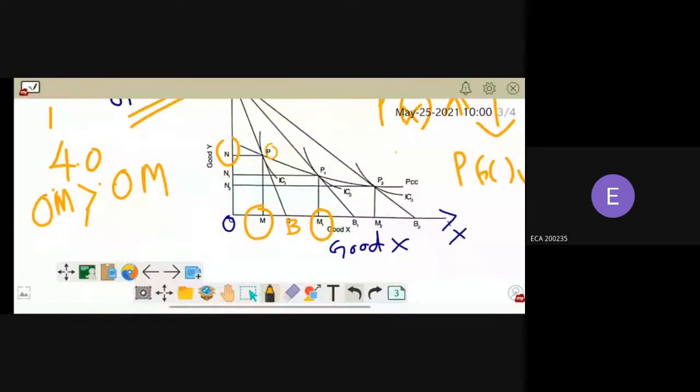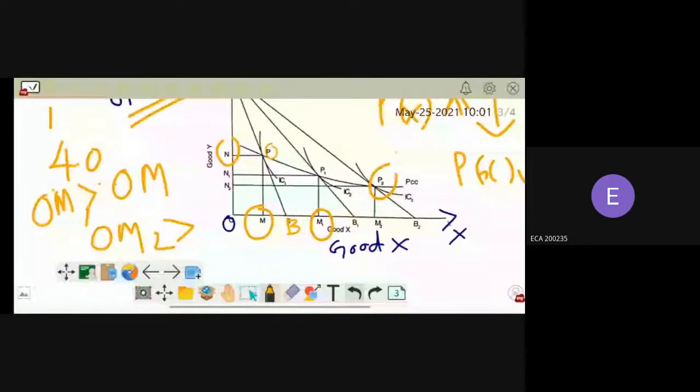The same way, when the price of good X decreases, the consumer moves to another equilibrium point called P2, where he is buying OM2 units of good X, which is greater than OM1 and OM.